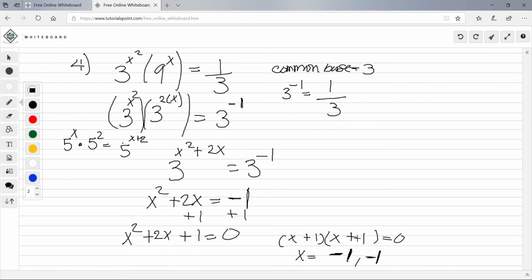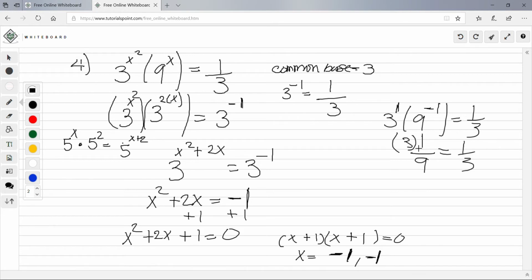We've got to check it. First we put the -1 back into the original equation. Wherever there's an x, you plug in -1. So it'd be 3 to the, what is -1 squared? Positive 1, right? Times 9 to the -1 equals 1/3. 9 to the -1 is really 1/9, and then times 3.